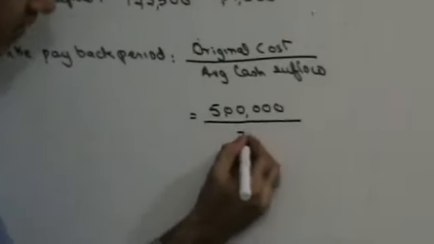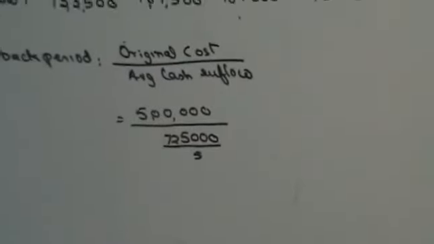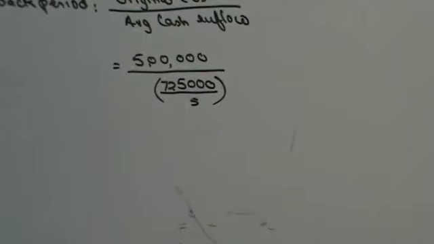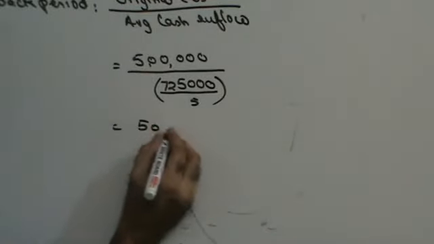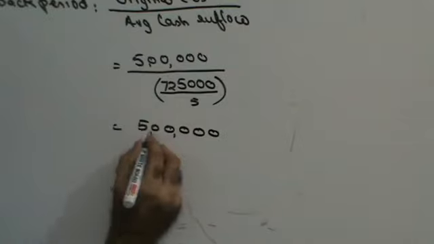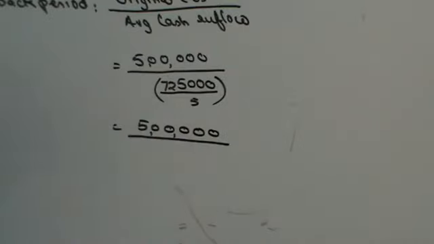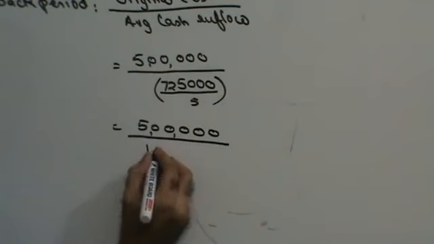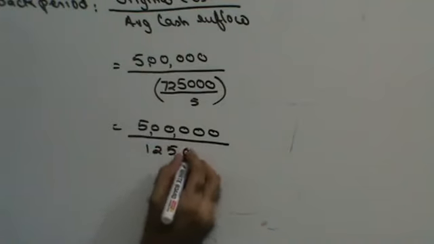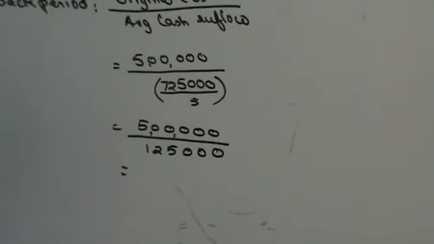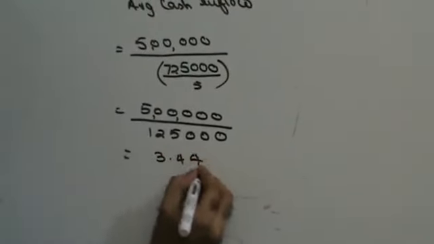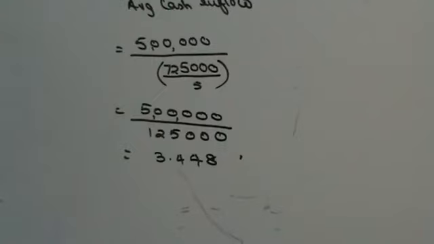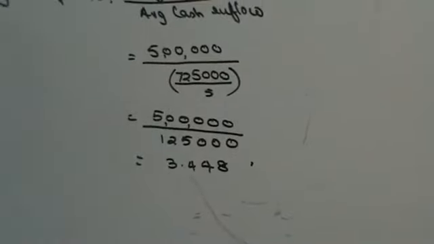Average cash inflow will be 7,25,000 divided by 5. So when you do this, it is going to be 5 lakhs divided by 1,25,000. So this will come to 3.448. So your fake payback period is 3.448, right?